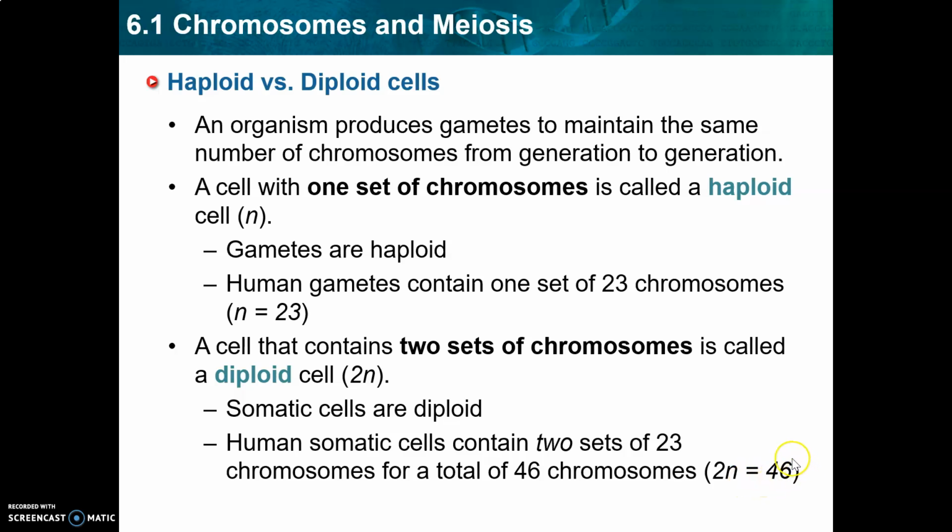The equals 46 tells us that we have 46 chromosomes in two sets, meaning if we were to divide both sides by 2, we would get N equals 23, just like we established up here. So a gamete in humans would be N equals 23, and a somatic cell in humans would be 2N equals 46.